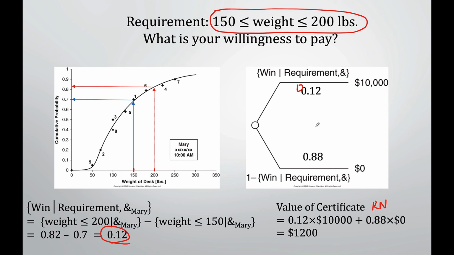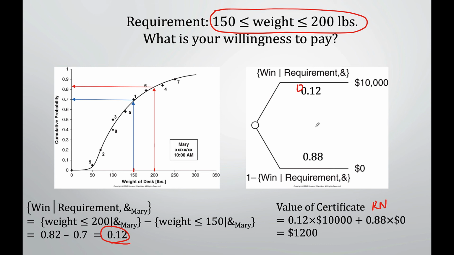And then the willingness to pay again represents the maximum price you are willing to pay for it. If the price is below your willingness to pay, Jane will pay the asked price for the certificate. If it's above, then she will not pay for it. Okay.